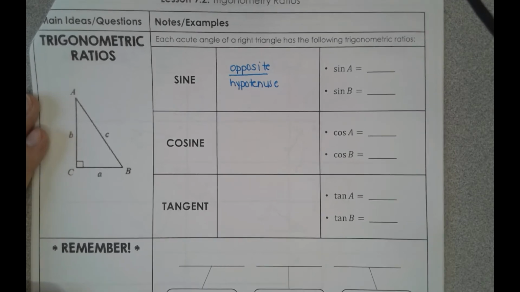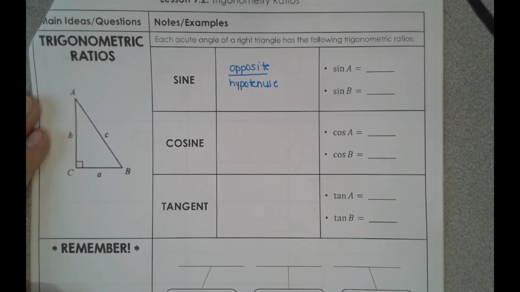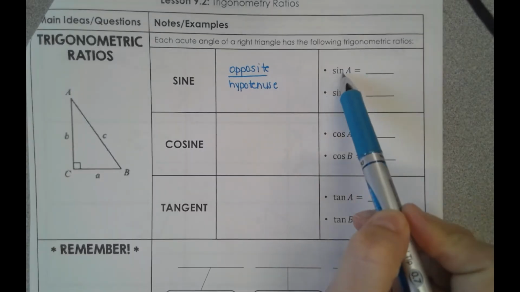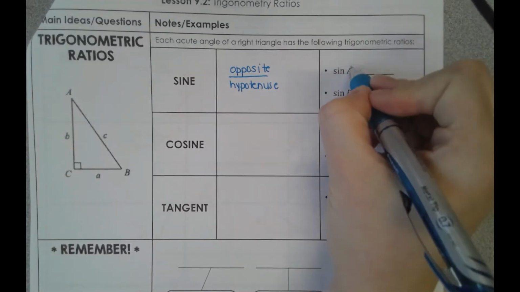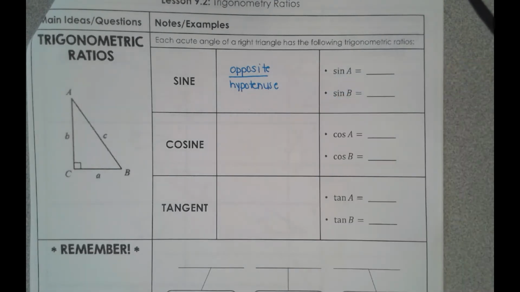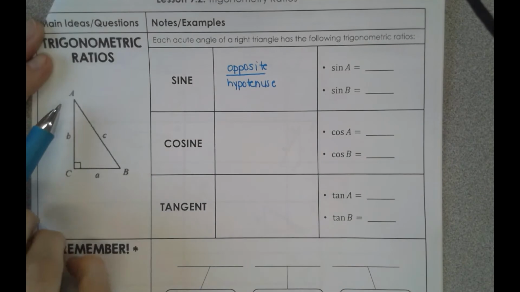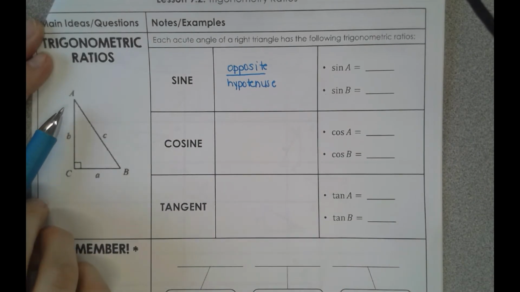So if you're asked to find sine of A, when we write our trig ratios, we write sine, cosine, or tangent, and then we stick the angle with it. It's sine of an angle. So sine of angle A would be the opposite over hypotenuse.